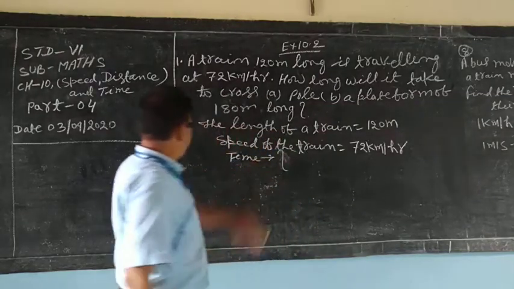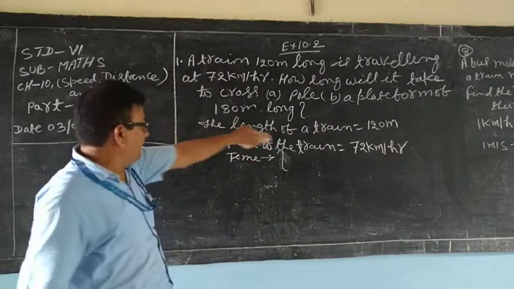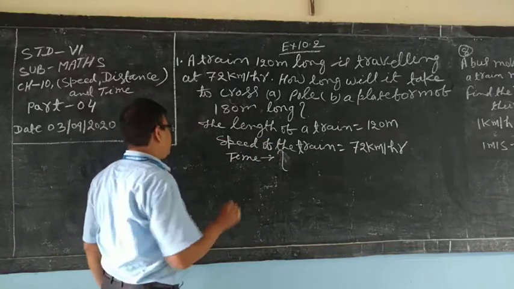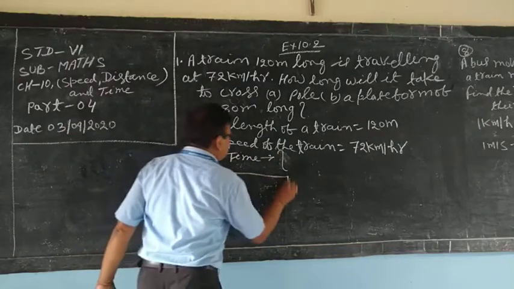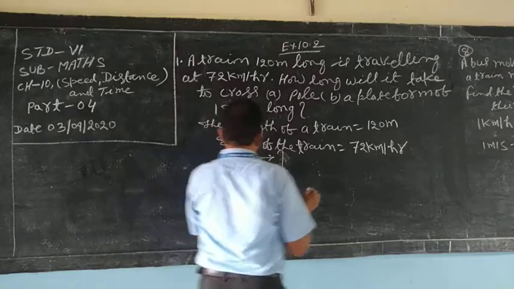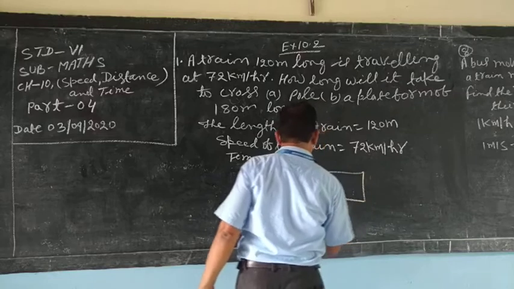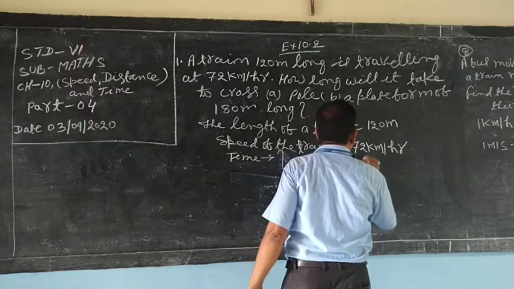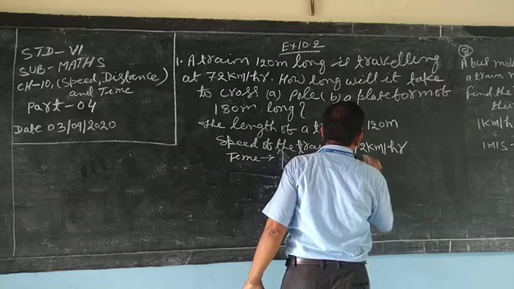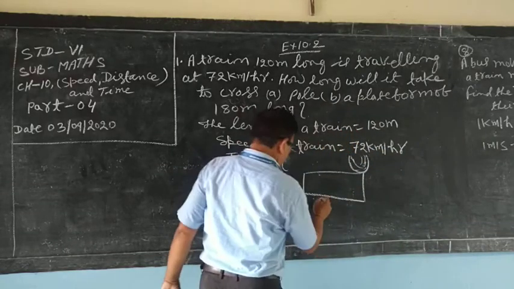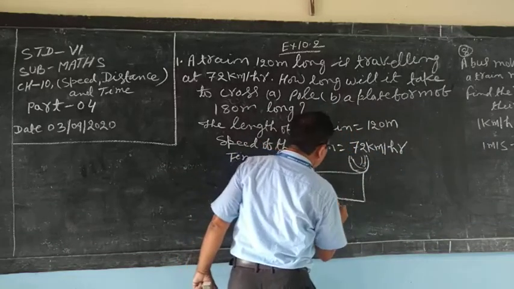So what will we do? See this one, how you can solve. One train is there, this is your train, and this is the engine. The length is 120 meter.